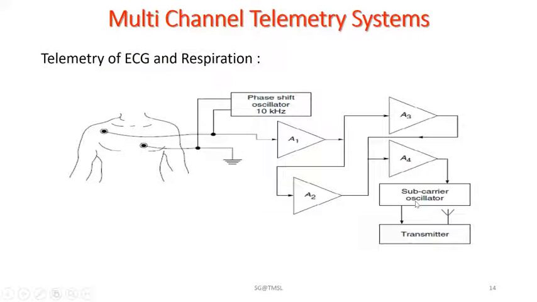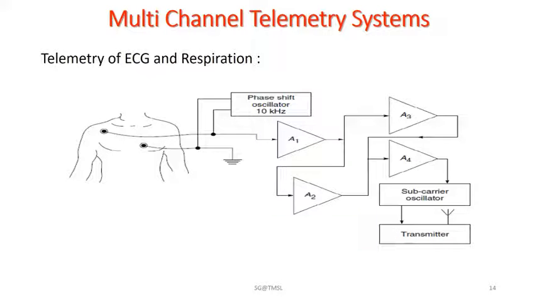Okay, and actually the sensitivity of this subcarrier modulation system is about 650 hertz per millivolt for the ECG signal, and 40 hertz per ohm change in the case of the respiration signal, when the total thoracic impedance is between 600 to 800 ohms.